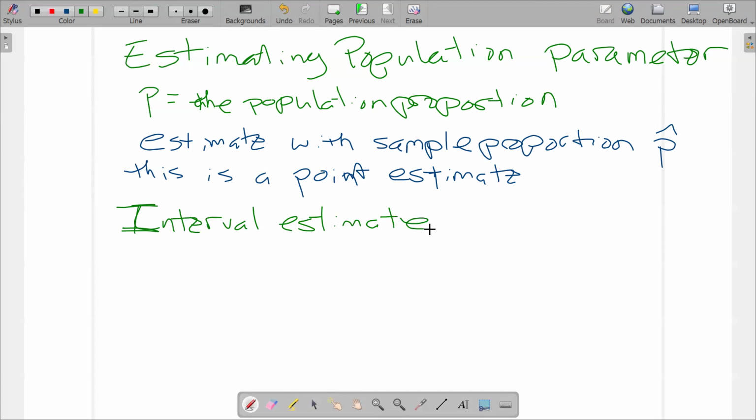Based on StatKey, I think the proportion P is between 0.455 and 0.507. I got that using the 2 standard deviation rule. So this is what's called a 95% confidence interval.